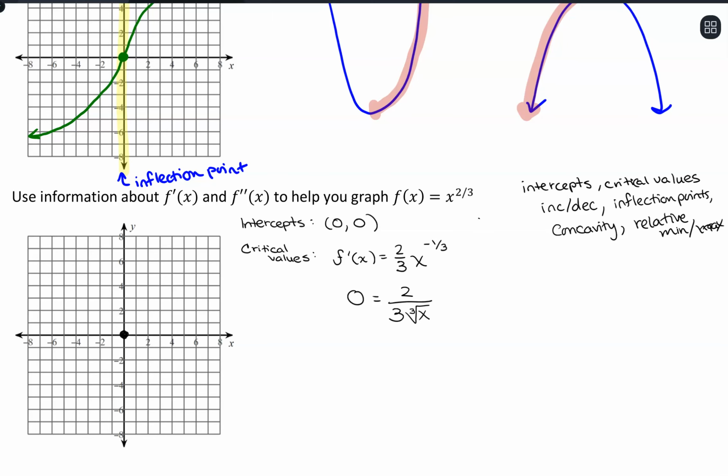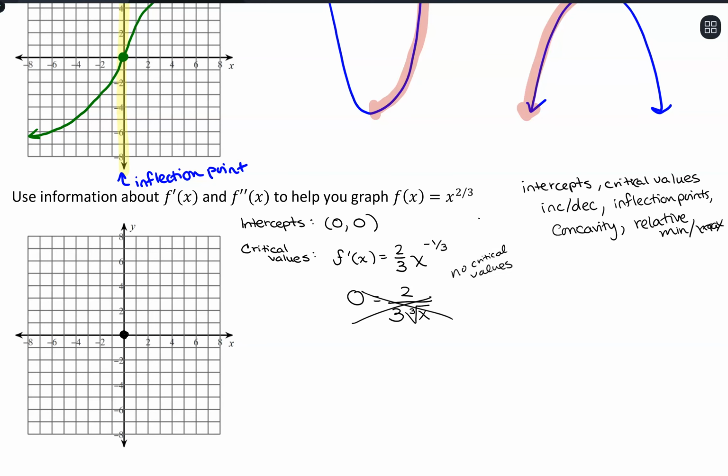Really not much we can do here, because if I multiply both sides by that cube root of x, it turns into a 0 and it all just wipes out. So there are no critical values. I shouldn't cross all of that out because that first derivative is going to be helpful. But no critical values basically tells me there aren't going to be any relative minimum or maximum values.